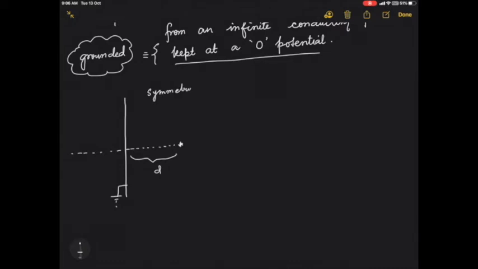So this is also a symmetry axis of the problem. Because if I go anywhere around this line, if I rotate the system, you will see the value of the potential cannot change.